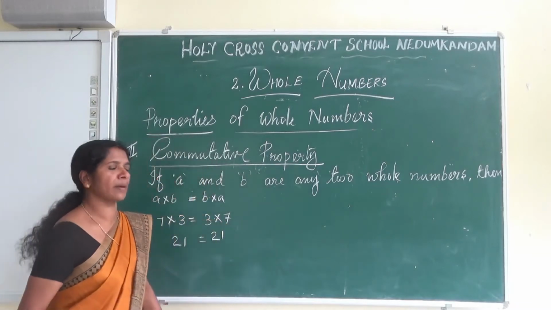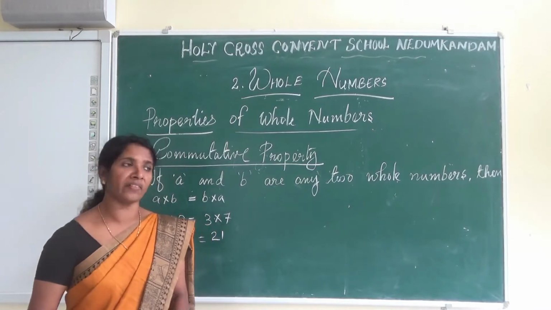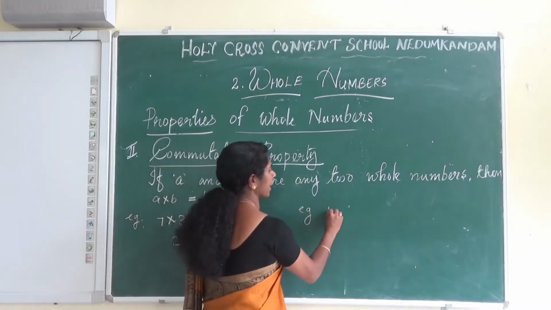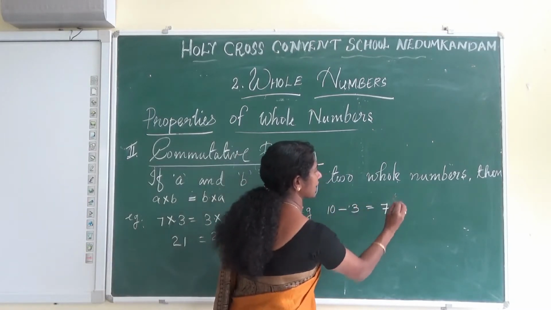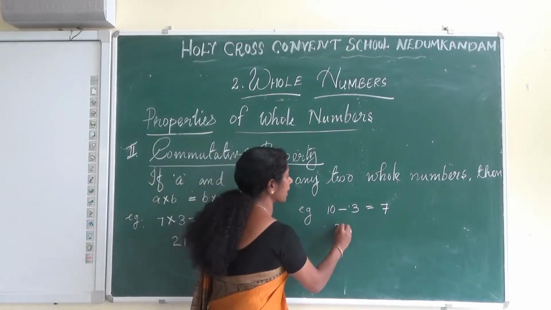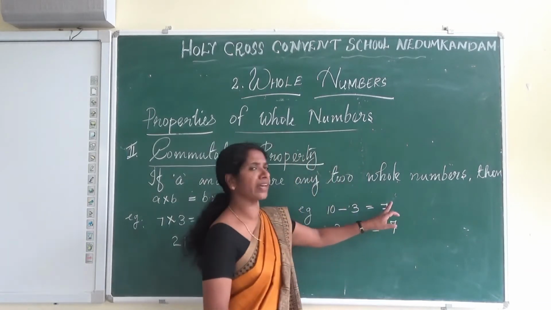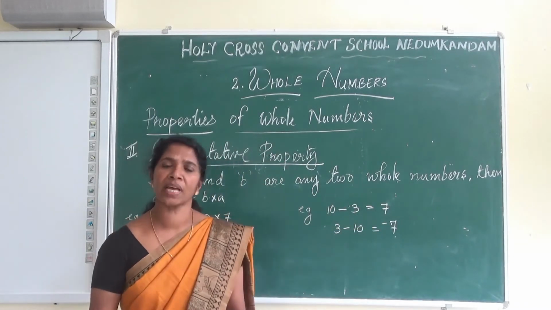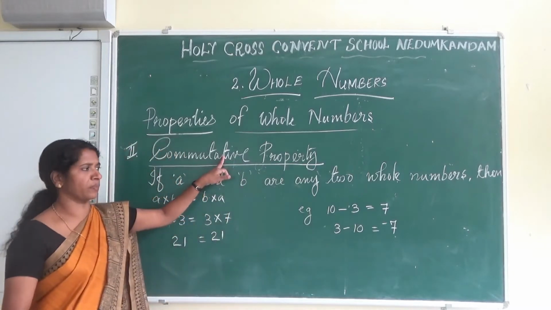But in the case of subtraction and division, we cannot do like that. We cannot change the position. Example, 10 minus 3 is 7. But 3 minus 10 is minus 7. 7 and minus 7 are different. So we cannot subtract the numbers in any order according to the commutative property.